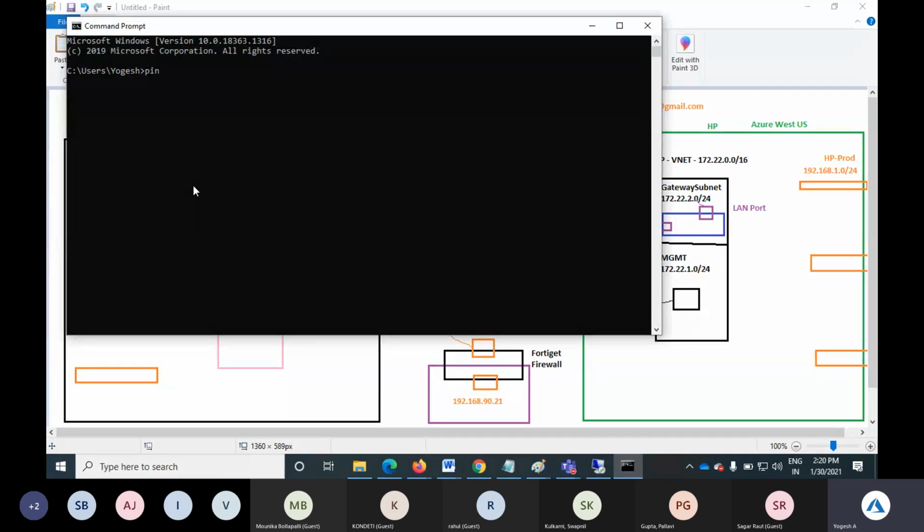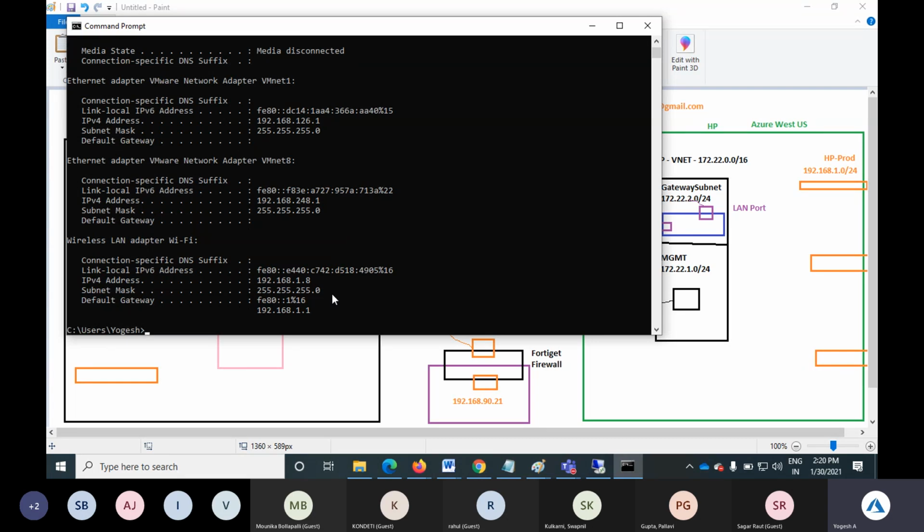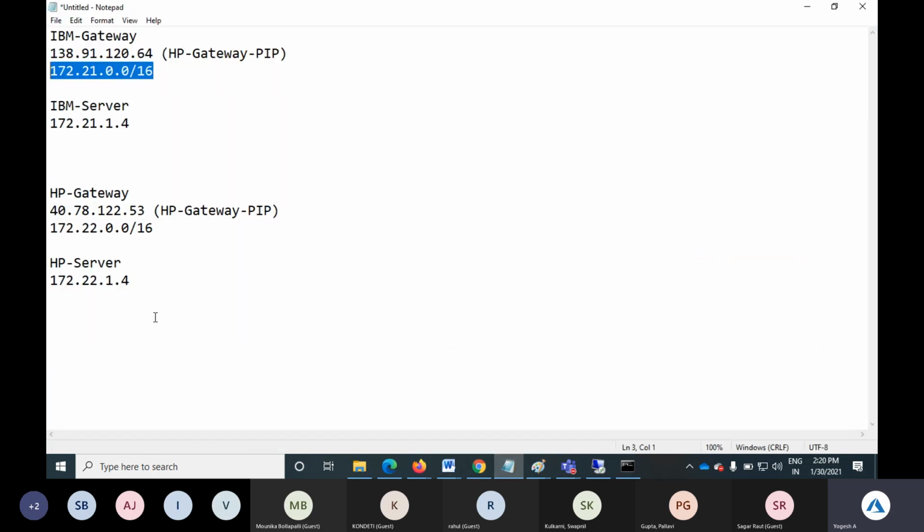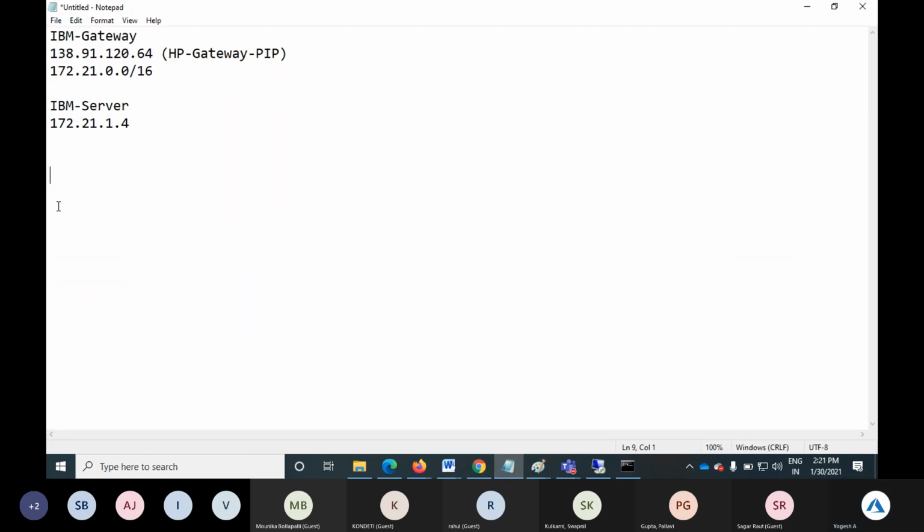So ipconfig. Okay, 192.168.90.50 is my IP address. Which range am I using on-premises? Let me note it down here. In on-prem, we are using the 192.168.90.0/24 range. So this is my on-premises network. 192.168.90.21 is my physical firewall, which is the FortiGate firewall.